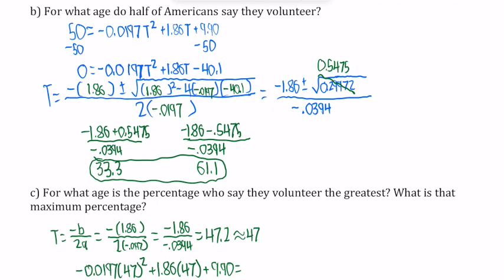All right, so let's see what this is. Negative 0.0197 times 47 squared plus 1.86 times 47 plus 9.9. Here we get about 53.8. So we can say that 47-year-olds have the highest percentage of people who say they volunteer at 53.8%.